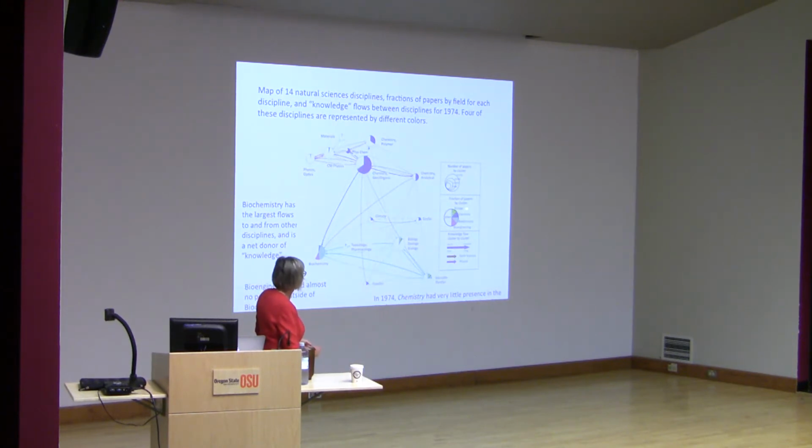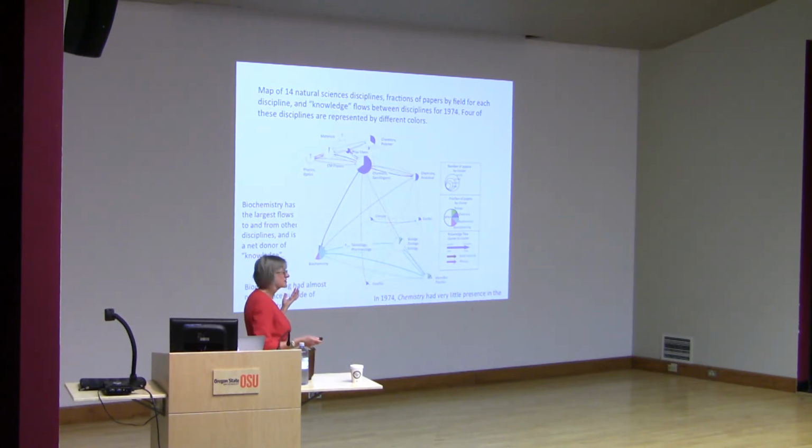Chemistry is blue, biology is green, biochemistry is cyan, and bioengineering is magenta. And then you can look at the net flow of knowledge, as it's called, but it's really citations, from one area to the other. And at that time, biochemistry had really the largest flow in and out of different fields of the natural sciences. Bioengineering had almost no presence in biochemistry at all.